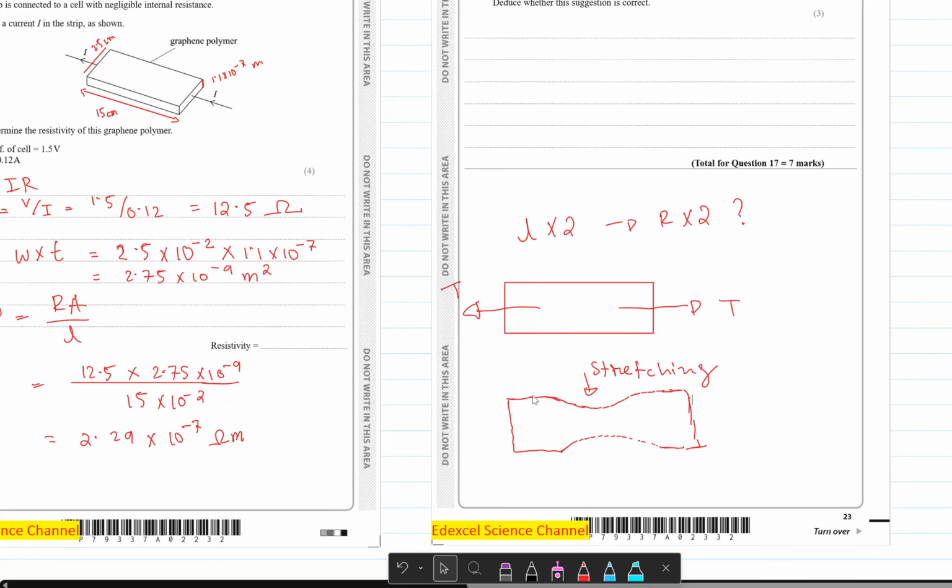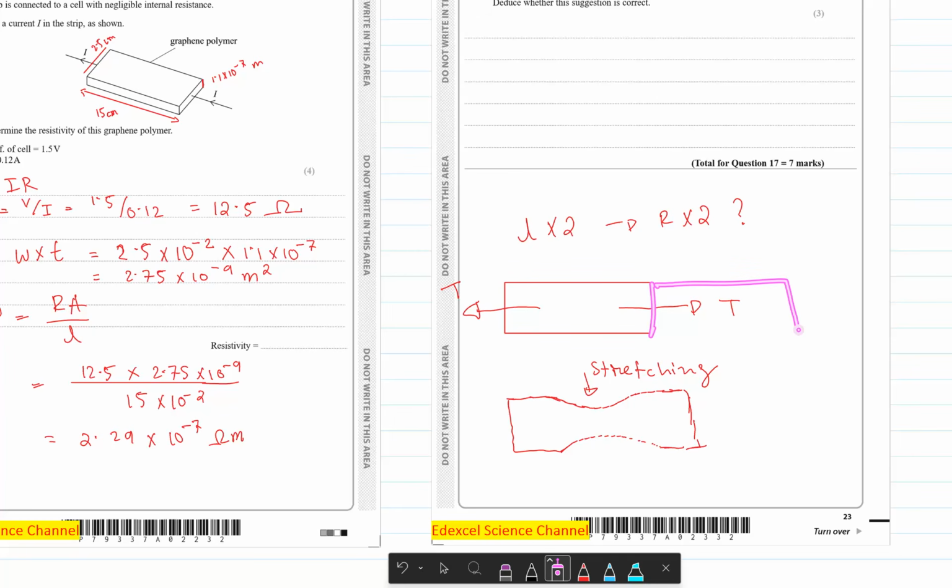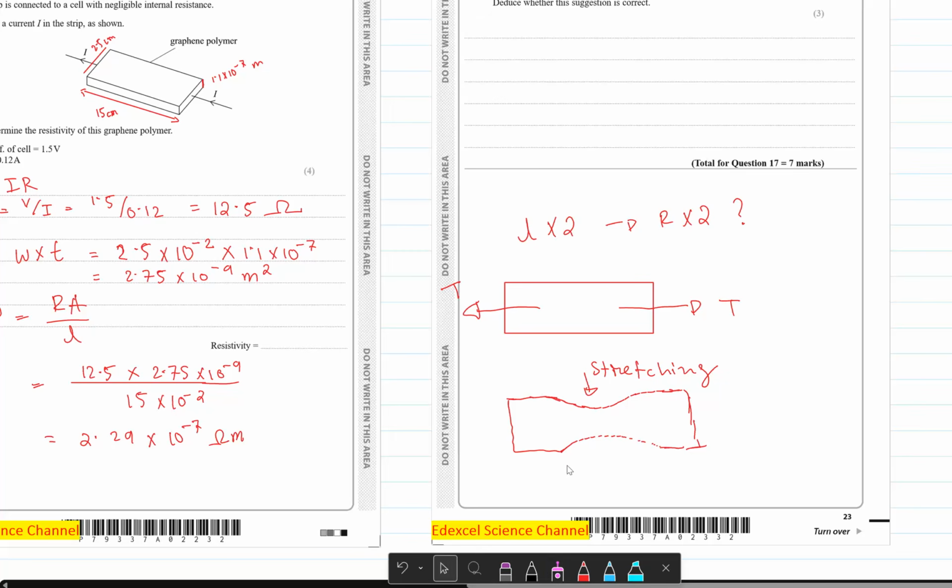If you do not understand this part, then you won't be able to answer the question at all. Some students might think that they're basically now adding another polymer, so the length is now twice. No, they are literally stretching the polymer itself so that it increases in length by 2 times.